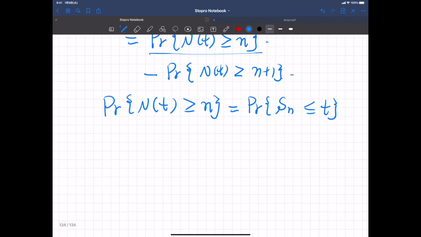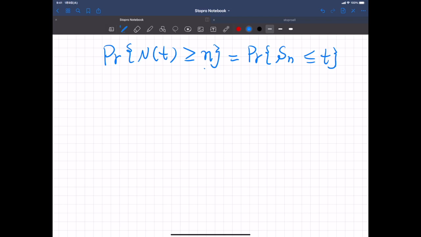So how is that? Now let's try to understand this equation.